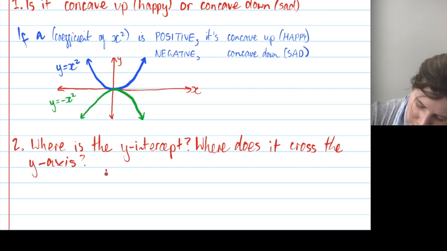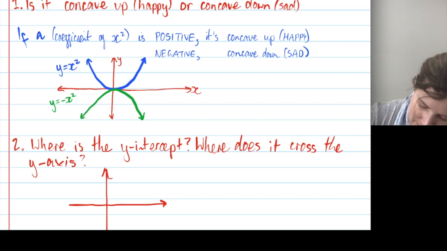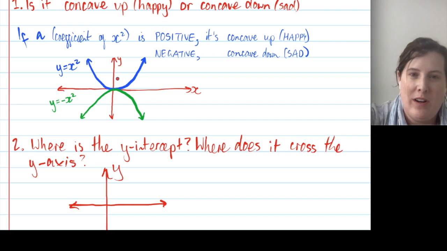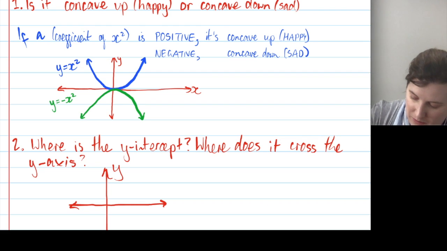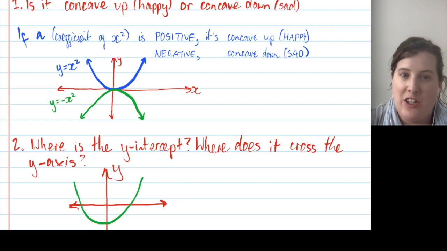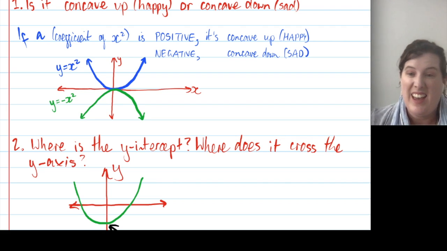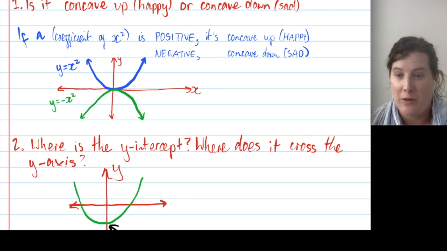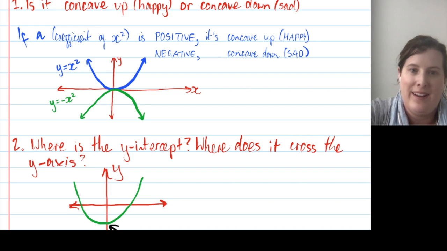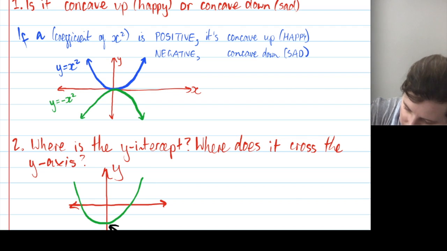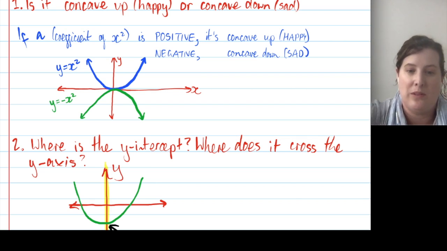So if I draw my y-axis and x-axis, we're trying to figure out where our generic y equals ax squared plus bx plus c, which I'm going to draw here, crosses. We're trying to find this point here. And at that point, x always equals 0, because along the y-axis, going up and down here, x always equals 0.